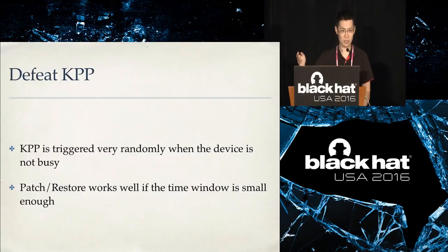Sometimes it takes hours to trigger the panic. So if you don't need a persistent patch, you could just patch and restore it in a very small time window, like just 1 second. I think that's enough to do a lot of things, and that's very, very safe.